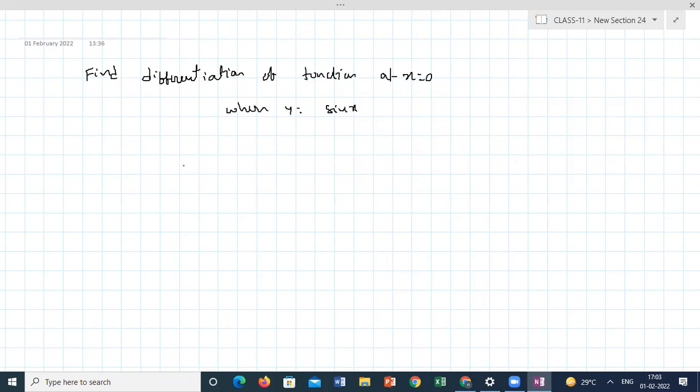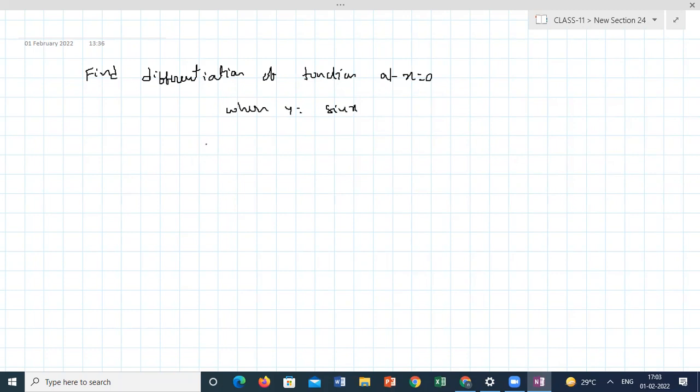where f of x is equal to sin x, correct? Find the differentiation of the function at x is equal to 0, where y is equal to sin x.